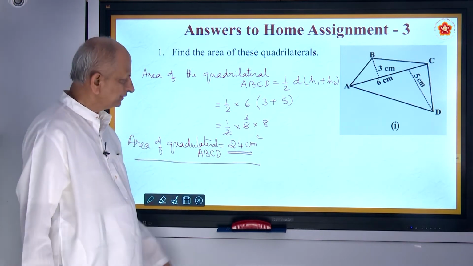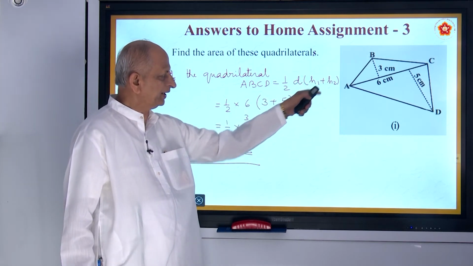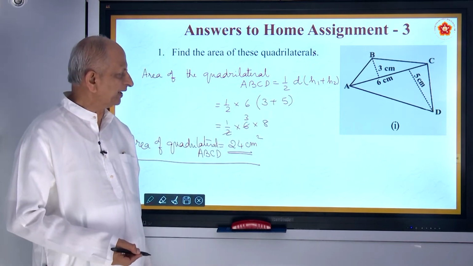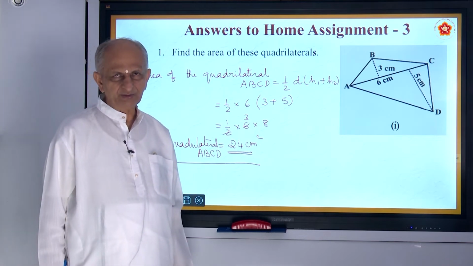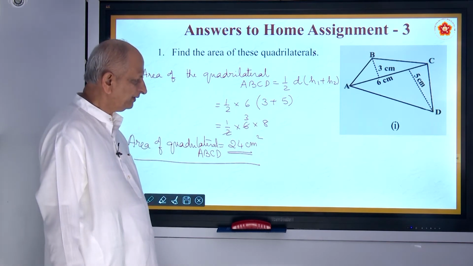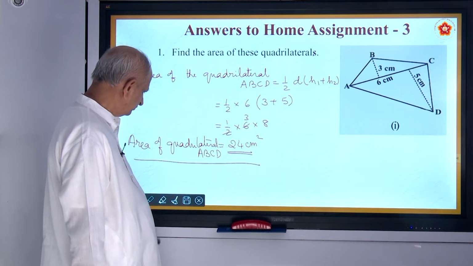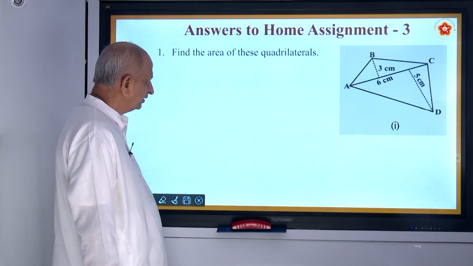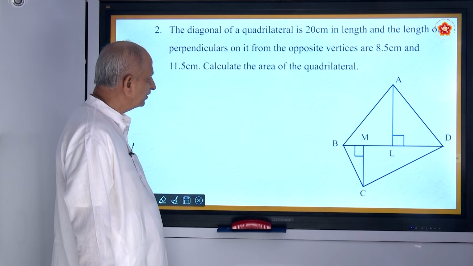Got it? d is the diagonal, h1, h2 are the heights. By seeing the figure, we can make out the area. So, note it down.